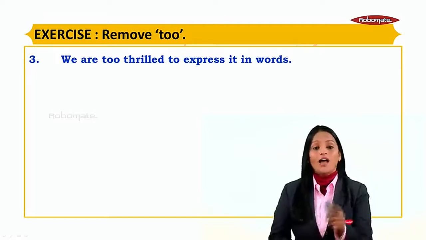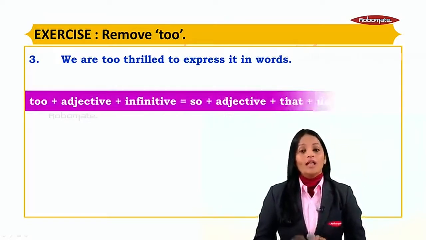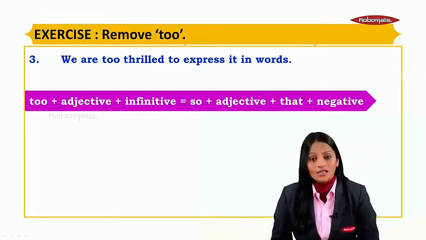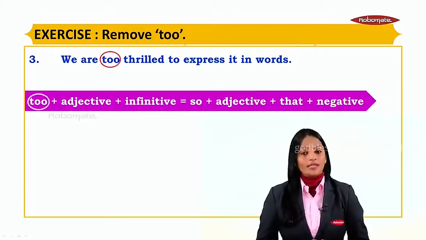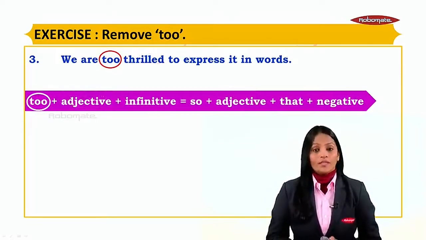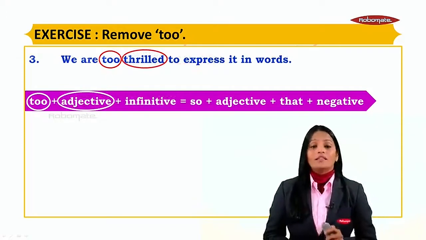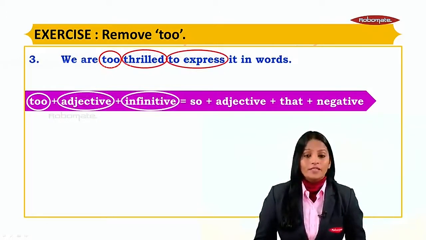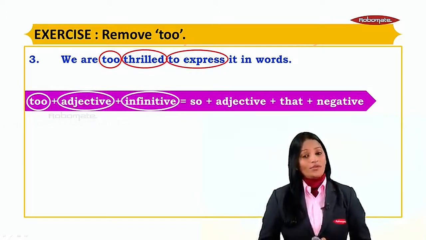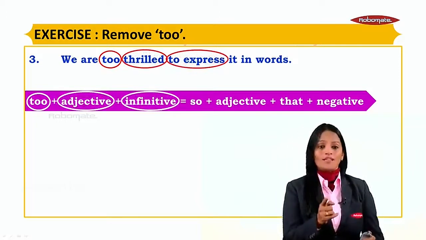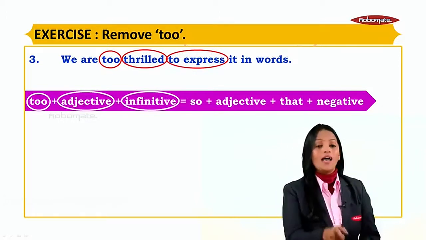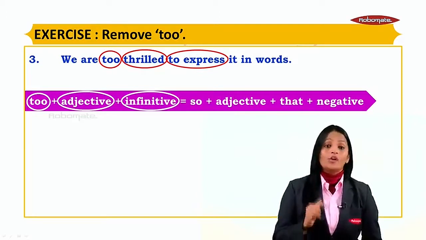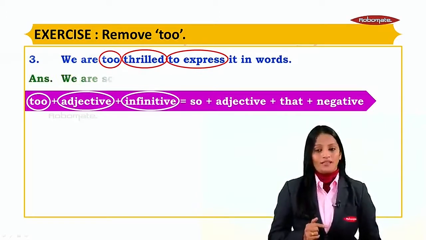Students, now here the "too" is not alone. The "too" has come with an adjective and infinitive. Let's take a look at that. So here we have "too", then thrilled is the adjective, then "to express" is the infinitive. So in the answer, what do we have, students? Very simple. The so that structure, but with a negative. Why? Because the question does not have a negative word.